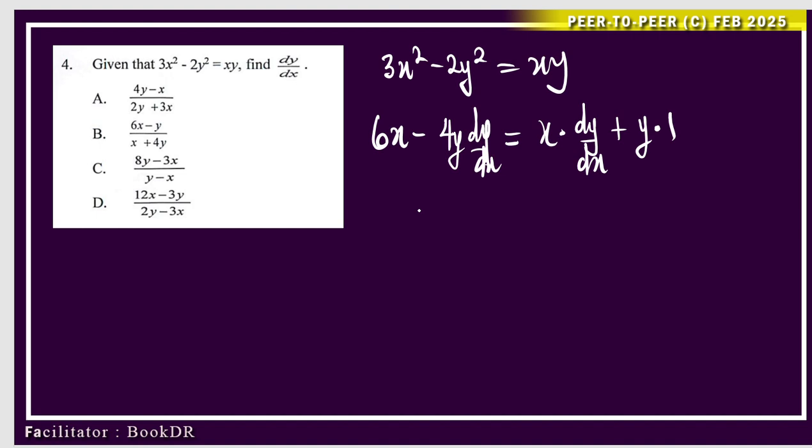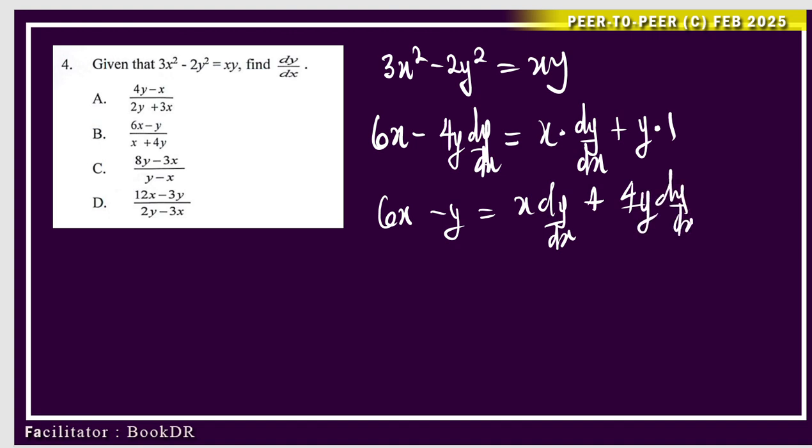Then we'll collect like terms. So we have 6x, then let's bring 1 dot y, which is the same thing as y, so minus y is equal to x dy dx plus 4y dy dx. Let's continue simplifying. 6x minus y is equal to, we factorize dy dx out, and we are having x plus 4y.